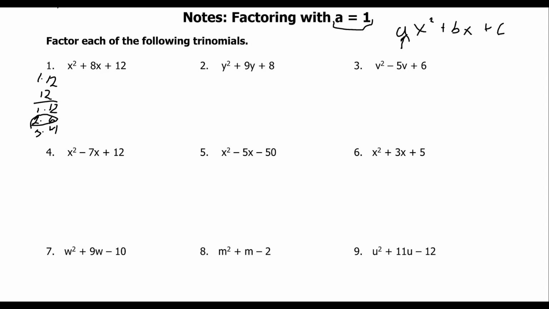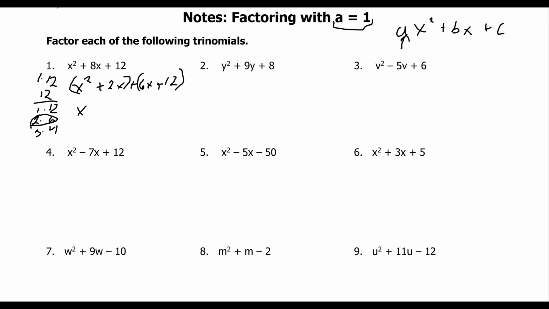Alright? So that means that we're going to go x squared plus 2x plus 6x plus 12. Alright, now we can factor by grouping. Go ahead and break apart our groups.